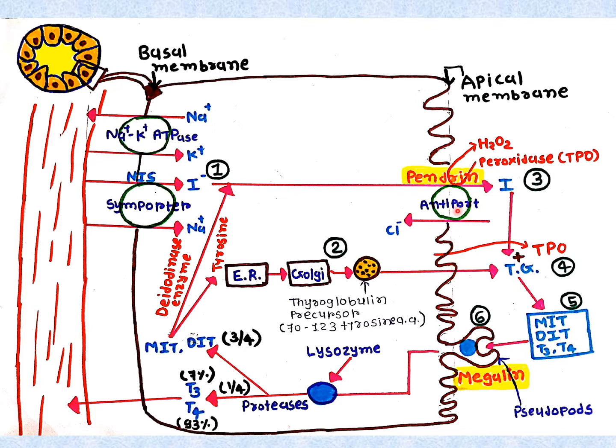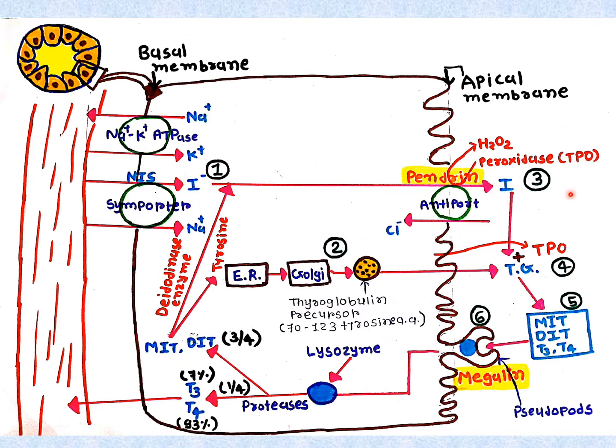Third step is the oxidation of iodide. So what do we mean by oxidation? Here the iodide with a negative charge cannot bind with the thyroglobulin. Binding with the thyroglobulin with a negative charge is not possible.